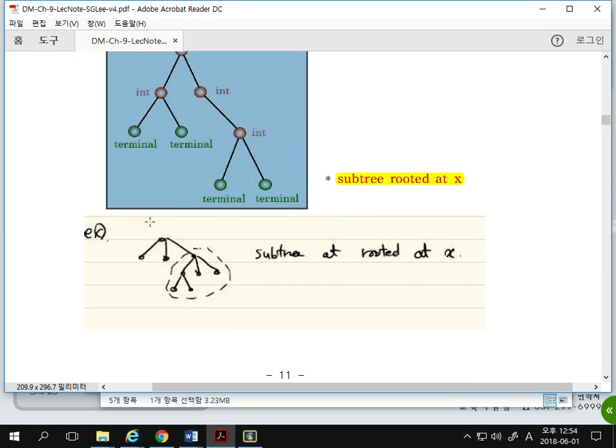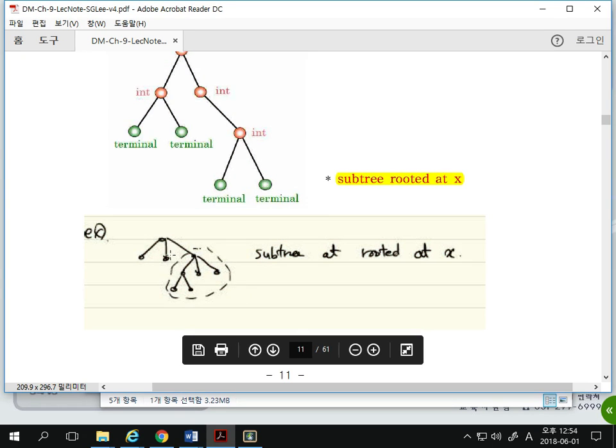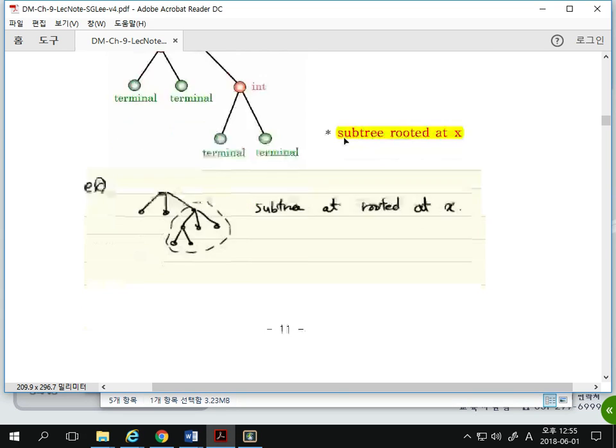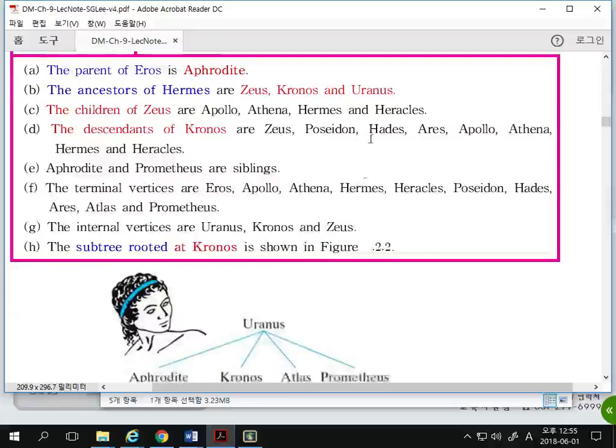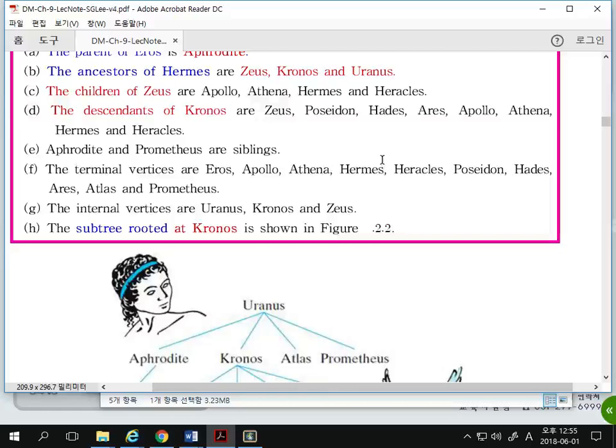If we have a rooted tree like this, then this part can be considered as a subtree rooted at this vertex X. So for example, this is also a subtree of the whole tree, rooted at this vertex. Okay? Subtrees.